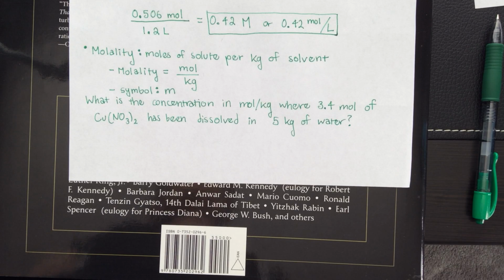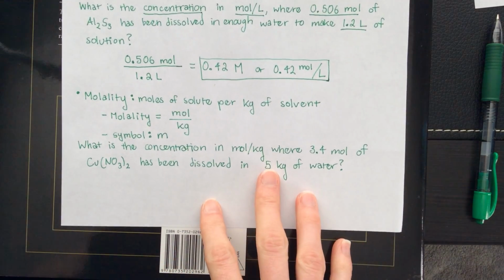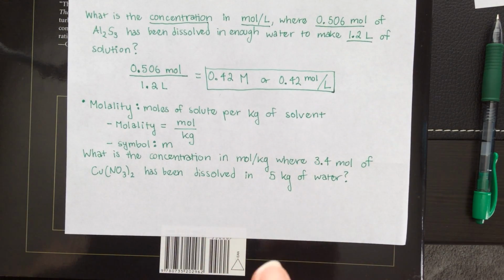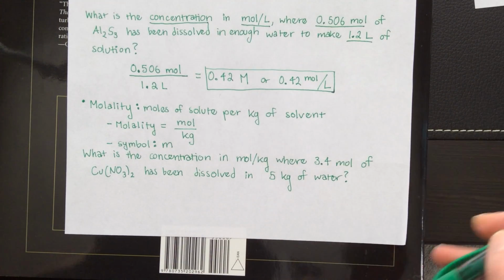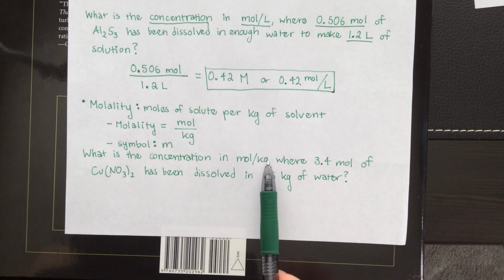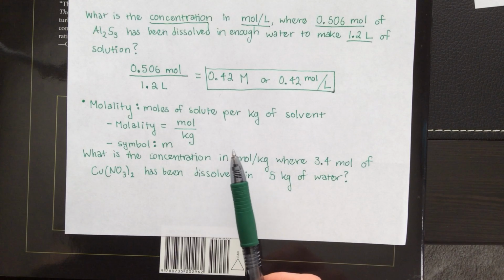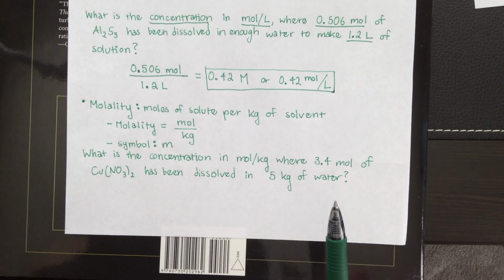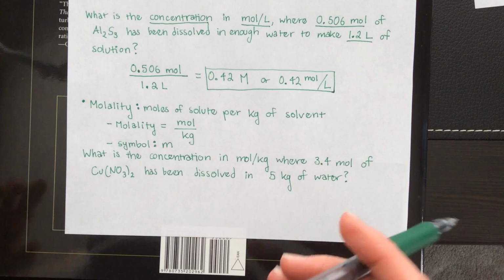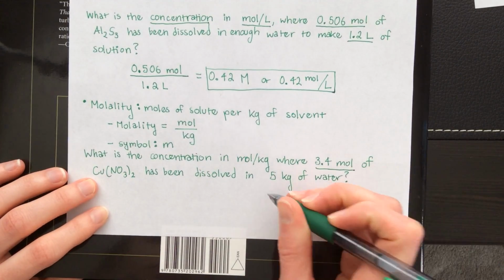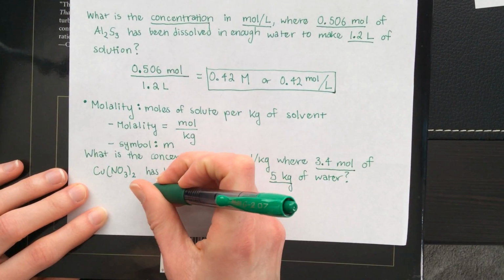This problem says, what is the concentration in moles per kilogram where 3.4 moles of CuNO3 has been dissolved in 5 kilograms of water? So what I need to do to find molality, which again is moles over kilograms, is I need to take the moles that they gave me right here and divide that by the kilograms that they gave me.